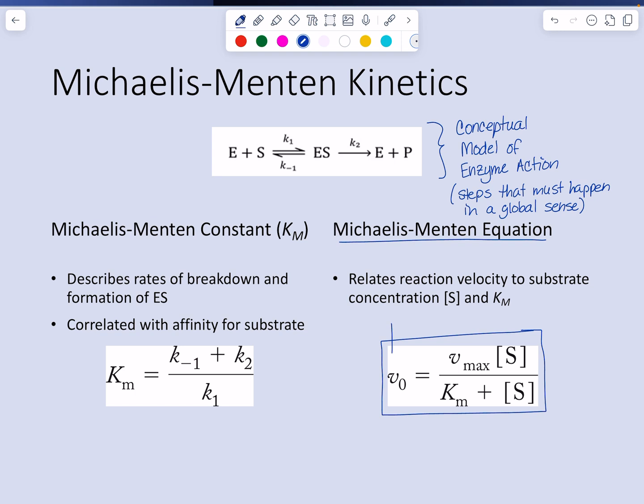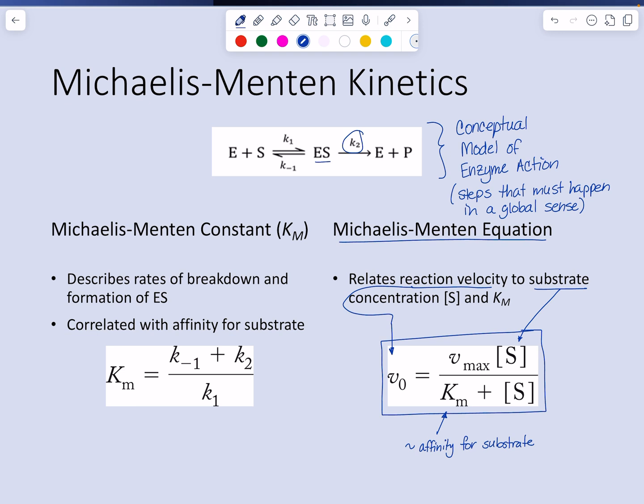relates the rate of the reaction, the velocity of the reaction, that right there, to the substrate concentration, and the affinity for substrate, which we call the Km. And we said it's not exactly a Kd for the substrate because it takes into account the fact that you have this other process here where you can get your enzyme substrate complex disappearing in two ways, right?